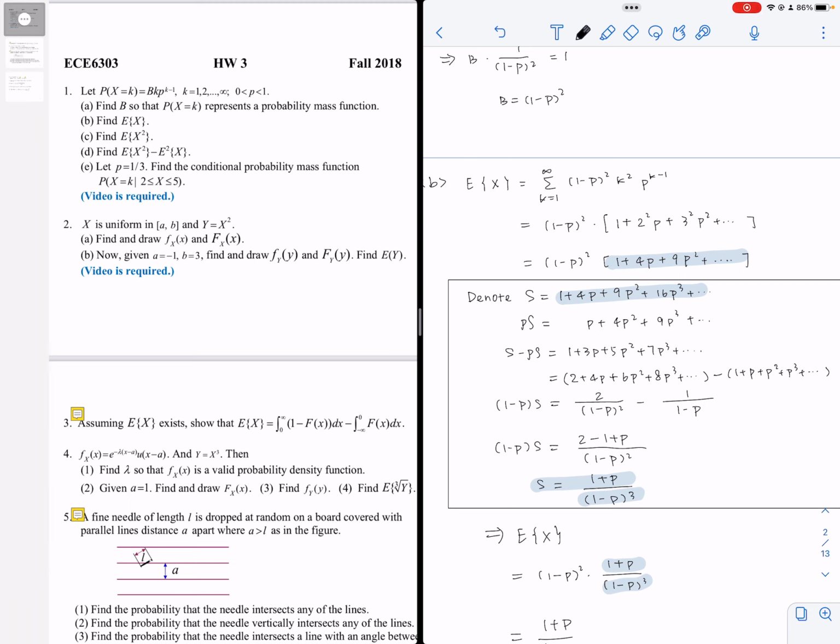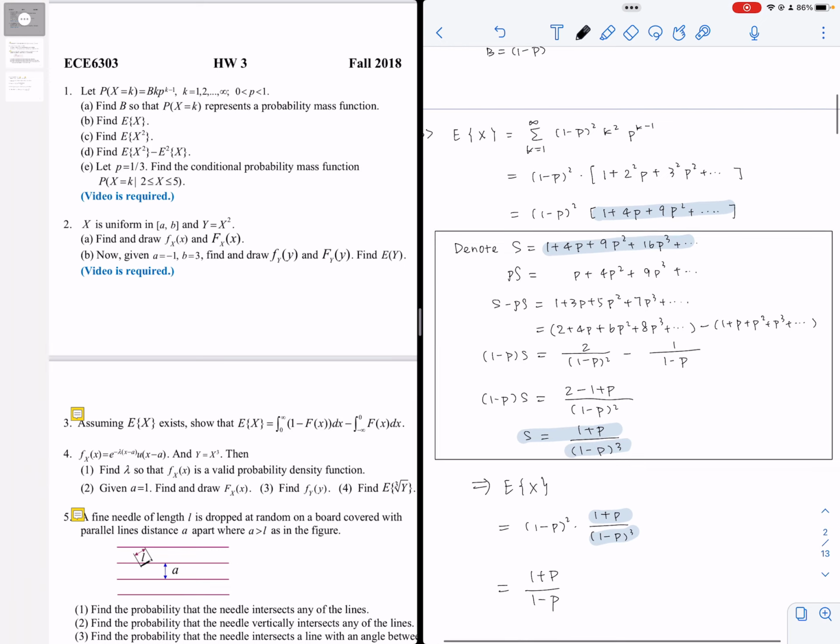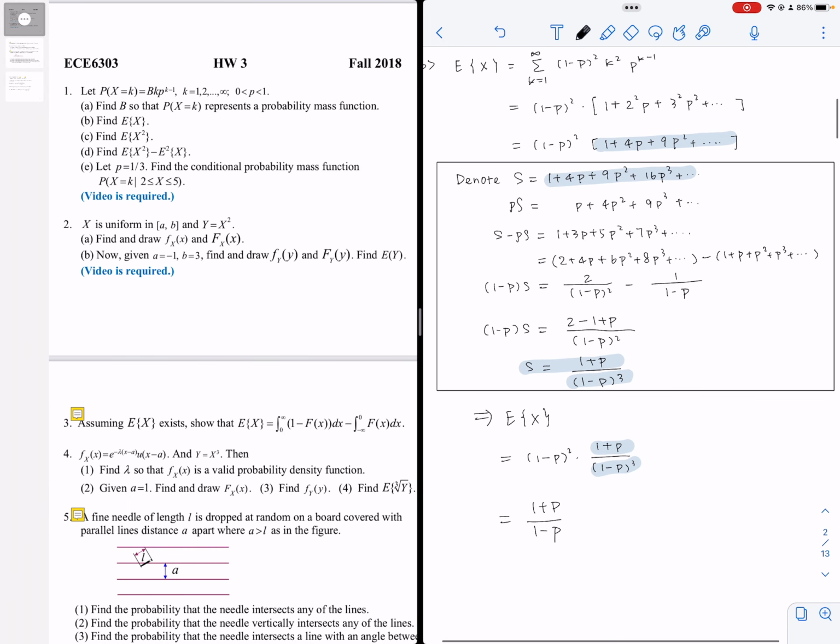And so we'll just multiply by another k. Inside the summation part, it becomes 1 minus p squared, and then k squared p to the power of k minus 1. And then inside here is also kind of like a geometric series with different coefficients. So 1, 4, 9, 16, and so on.